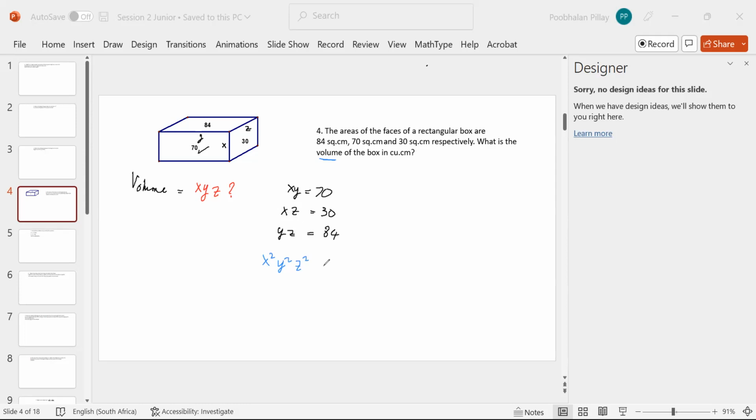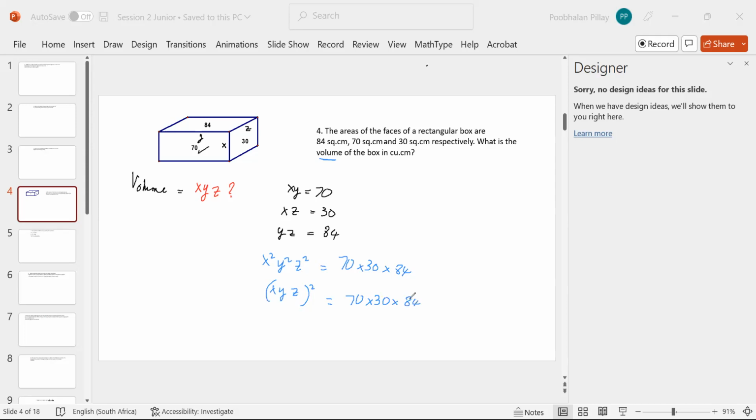And if you multiply the right-hand side, you're going to get 70 times 30 times 84. This is xyz all squared. So x squared y squared z squared is equal to 70 times 30 times 84.